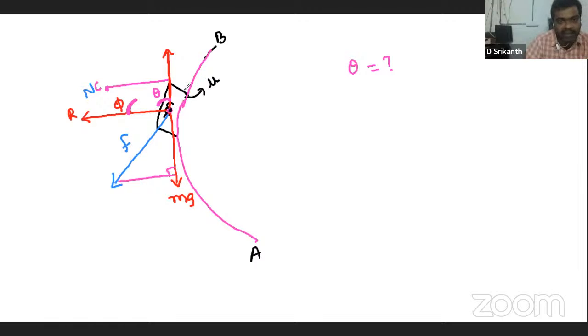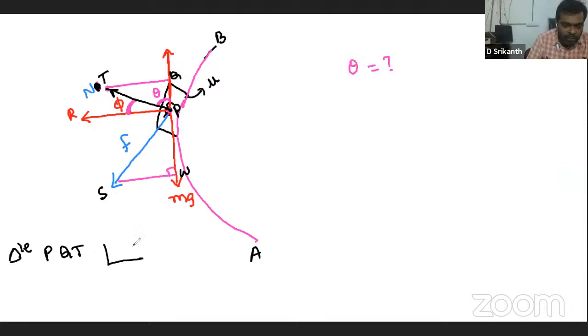This point we will consider as P, Q. In the triangle, this is P, this is S, and this is W. From the triangle PQT, angle QPT is equal to theta. Can I write?